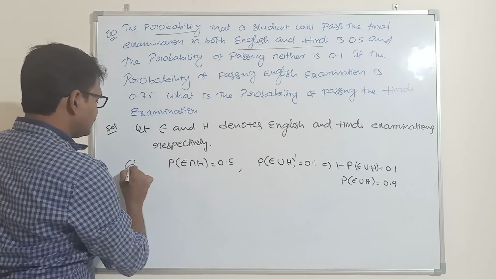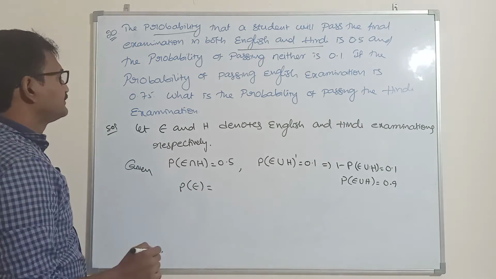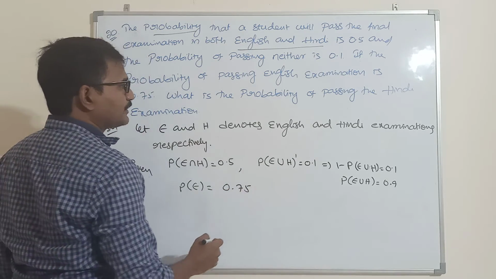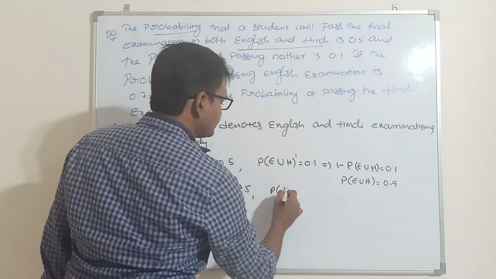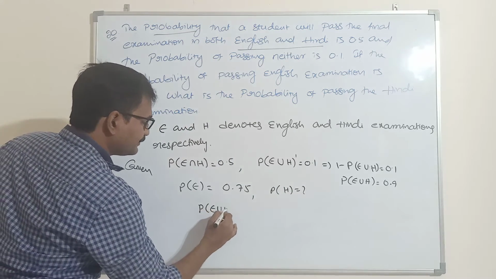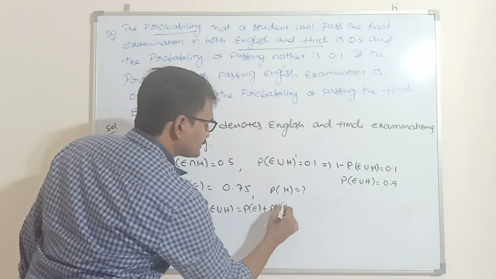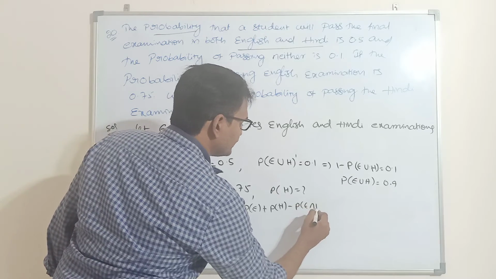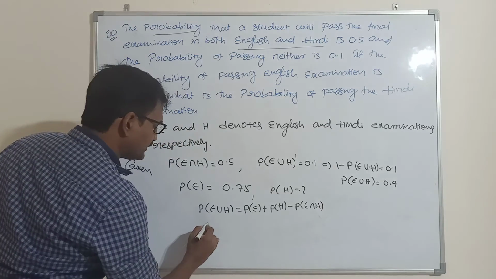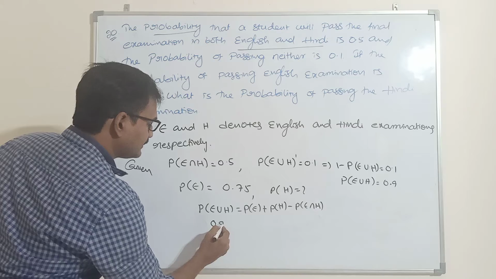Next, if the probability of passing the English examination is given, the probability of English is 0.75. Then what is the probability of passing Hindi? So what is the formula for P of E union H? P of E plus P of H minus P of E intersection H. P of E union H is given as 0.9.